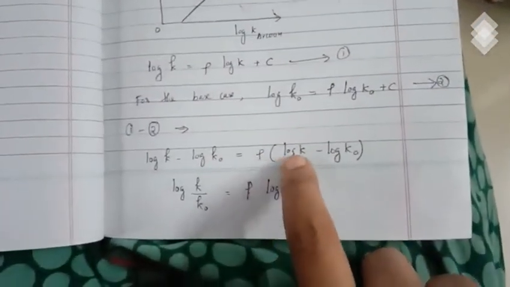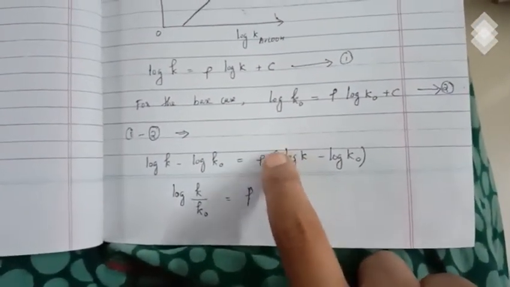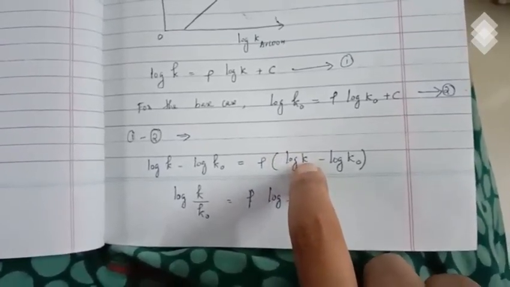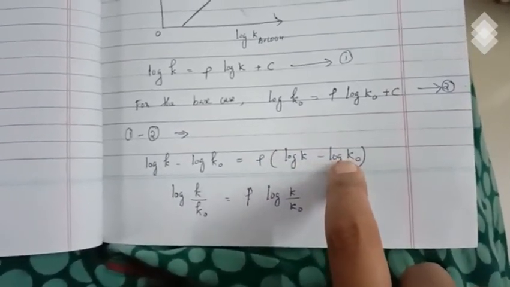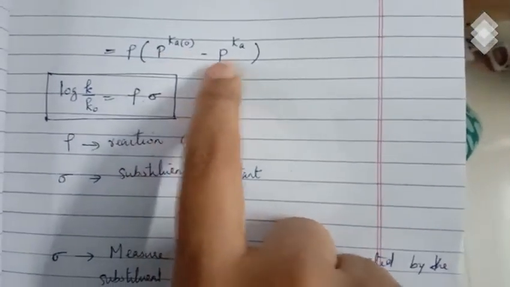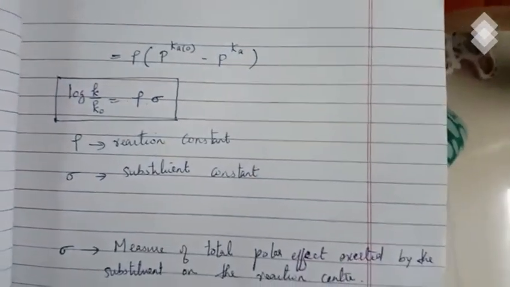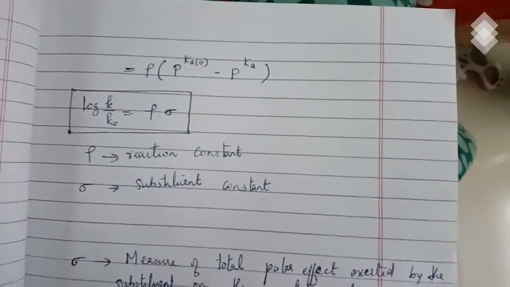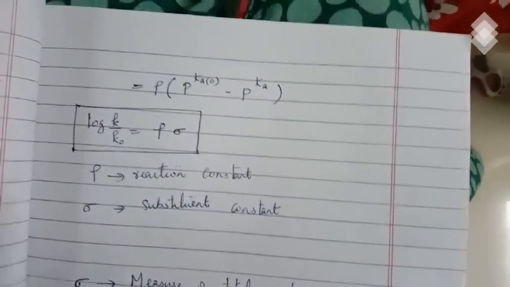Because here it is plus log Ka, this is minus pKa, and this is plus pKa0. So pKa0 minus pKa. You can write it either in the form of log or in the form of pKa values.